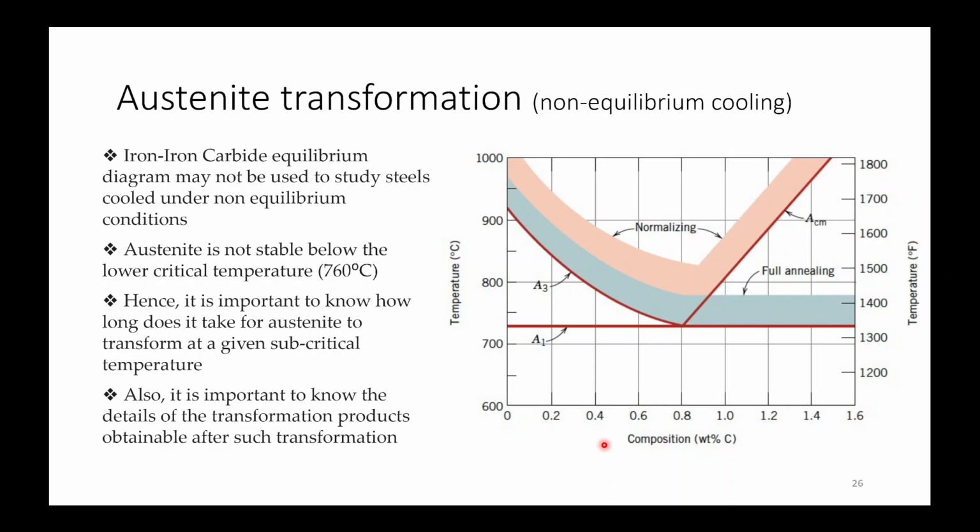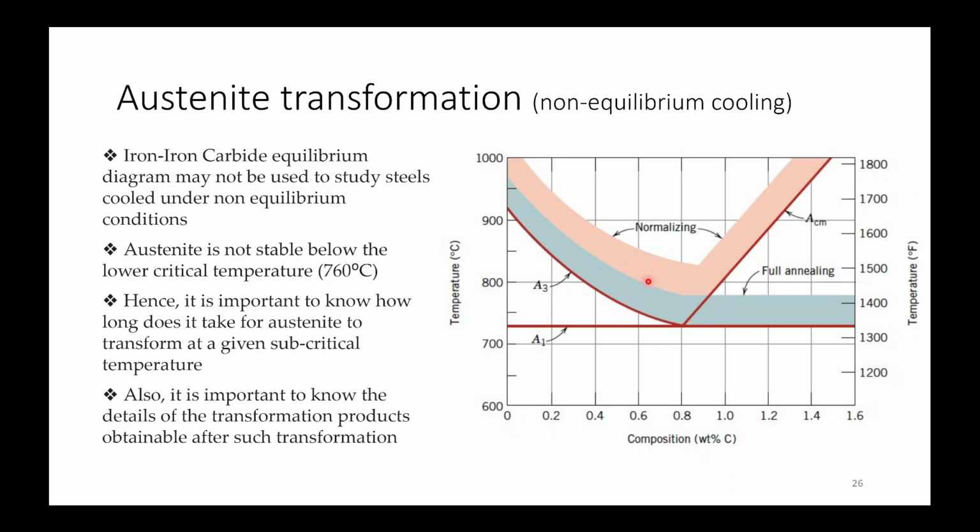In the case of normalized steel, these layers are thin, whereas in annealing the width of the layer will be more. In case of normalizing, there is one more point: you are cooling with air cooling, so that won't be a completely equilibrium structure.